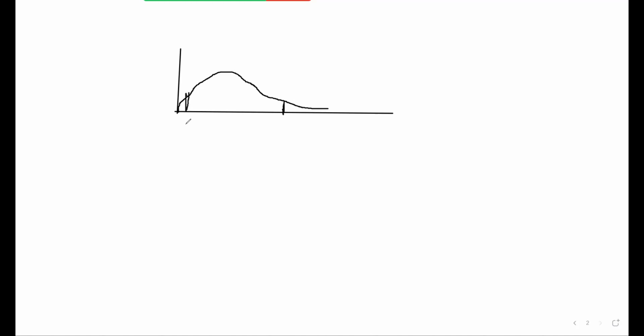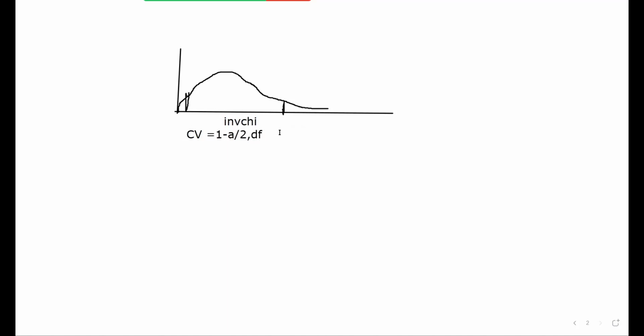So to get this left critical value, it's going to be equal to inverse chi of 1 minus alpha over 2 and df.